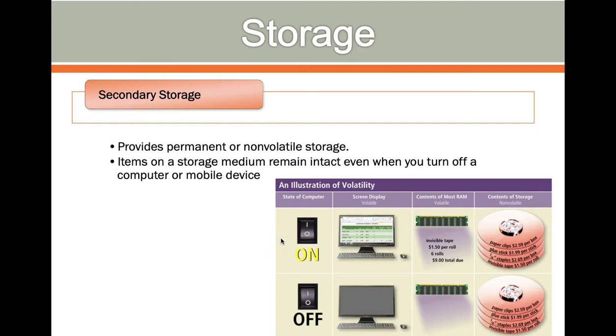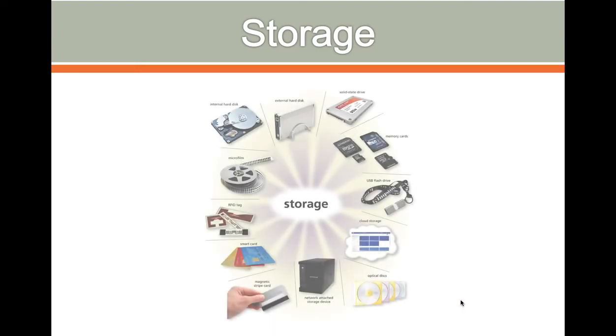Whether your computer is on or off, the data is still there. Storage can be an external hard disk, solid state drive, memory card, USB flash drive, cloud storage, optical disc, network attached storage device, magnetic stripe card, smart card, RFID tags, microfilm, or internal hard disk.